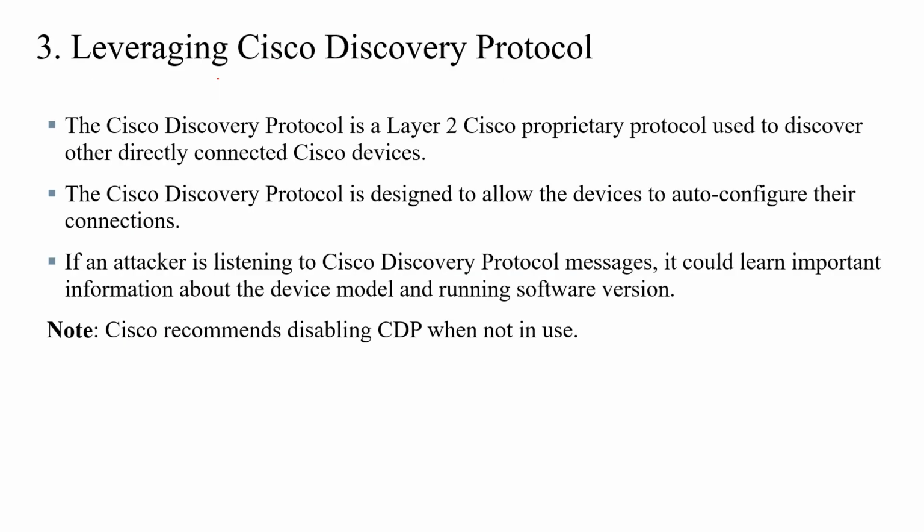Now, the next one is leveraging the Cisco Discovery Protocol, CDP. CDP is a protocol. If you enable this protocol, for example, I'm sitting in the college machine and I want to know how many Cisco devices are available in the college network. So I just enable CDP, Cisco Discovery Protocol.